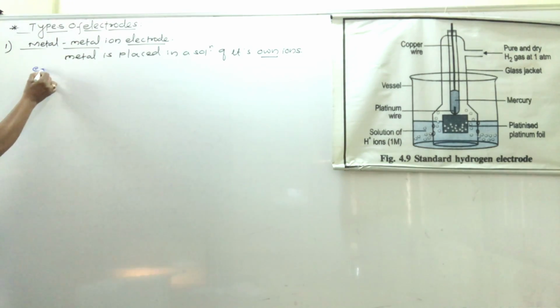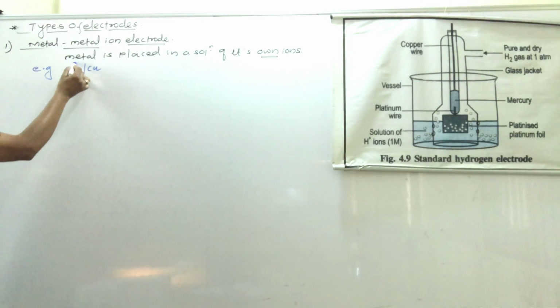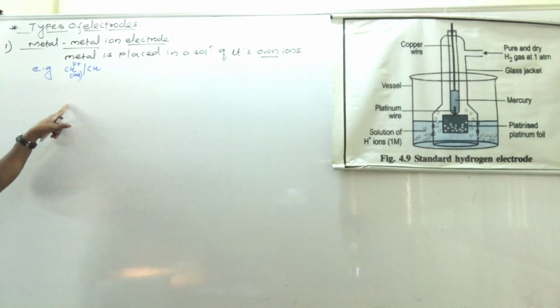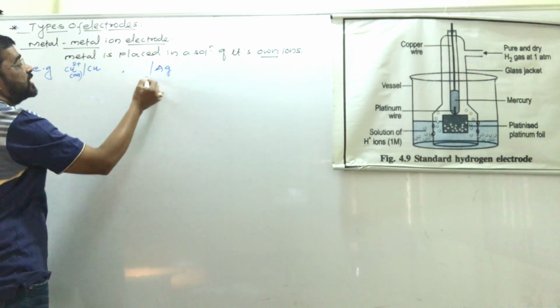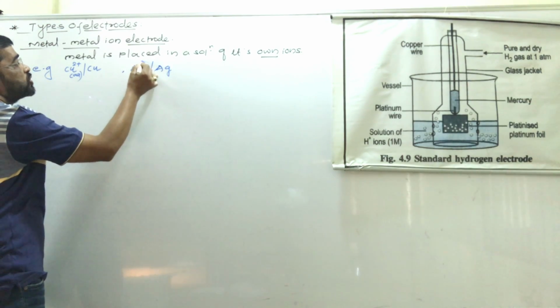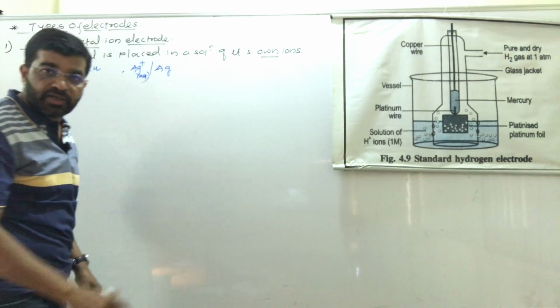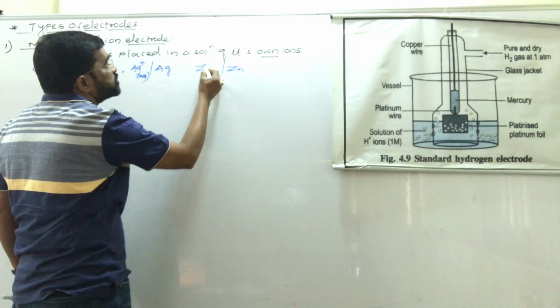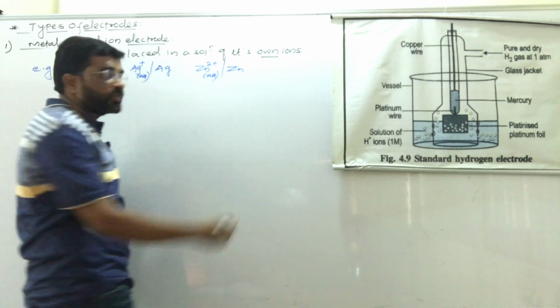For example, you see here, copper is placed in a solution containing its copper ions, that is the copper electrode or copper half cell. Silver is placed in a solution containing its own silver ions. Or zinc is placed in a solution containing zinc ions.